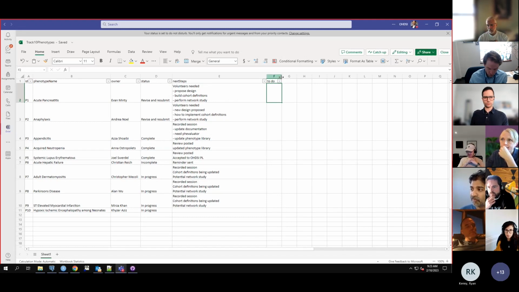But at least for now, we've got PheValuator results from 5 databases and cohort diagnostics from about 14, and it's a lot of content for one phenotype that I think will really help people trust it if they want to use it across the network.